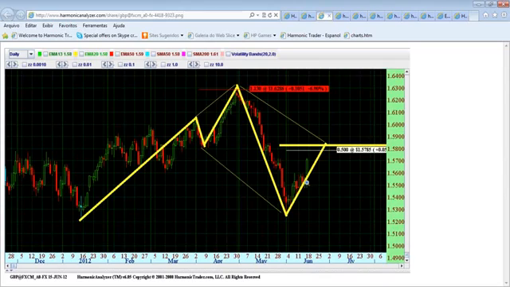So really important, and to sum up the main point I want to get across to everyone today is to, one, be proactive at a pattern completion point. Wait for that pattern to complete.